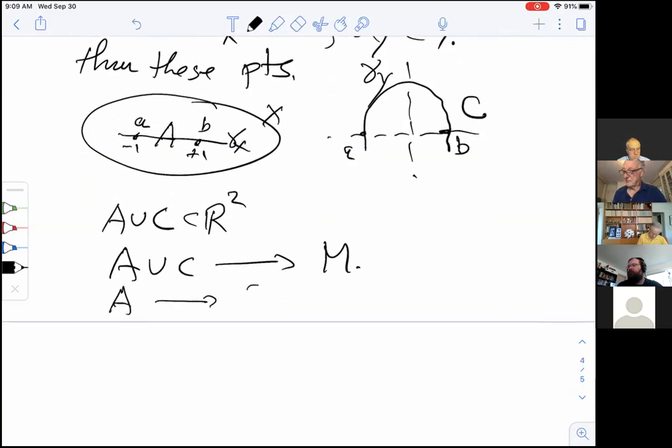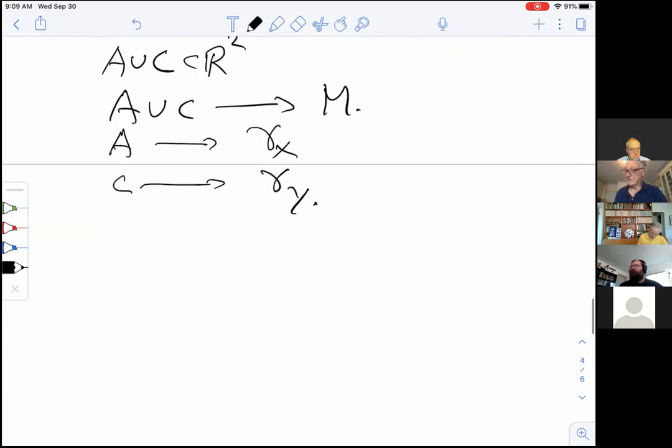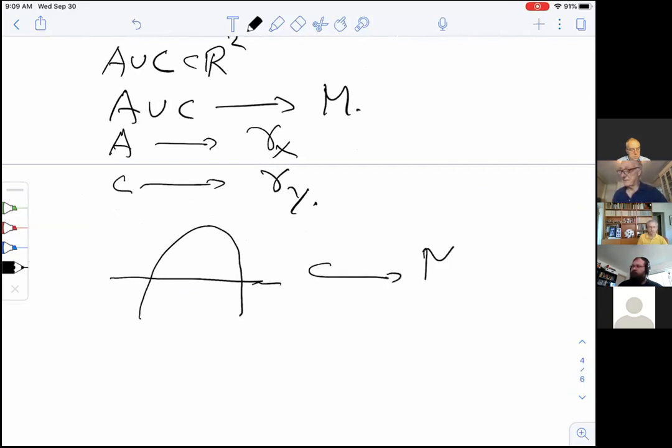A goes to gamma x, C goes to gamma y. Okay. So here's what I have. This is a picture in the plane, and it's embedded in M, with these properties.